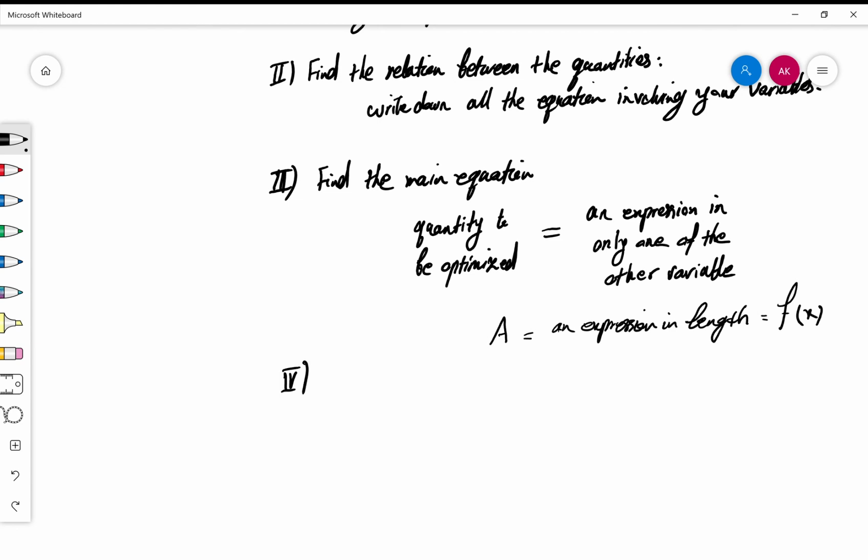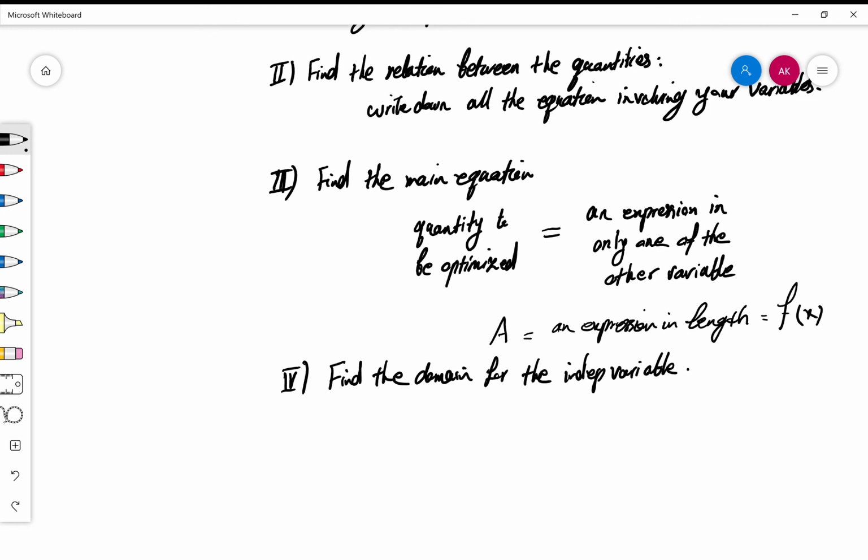Before we move on, what we need to do is find the possible values, the domain for the independent variable. For example, the length can be only positive numbers.